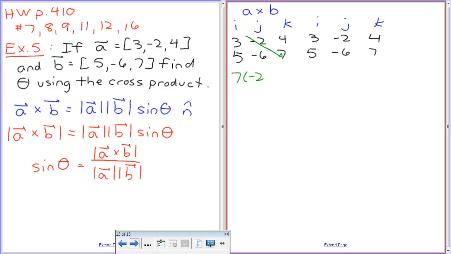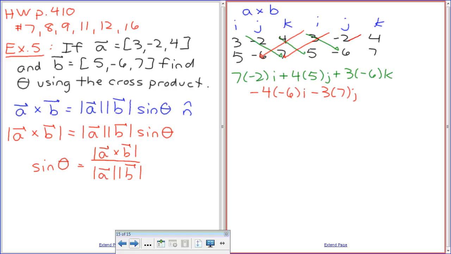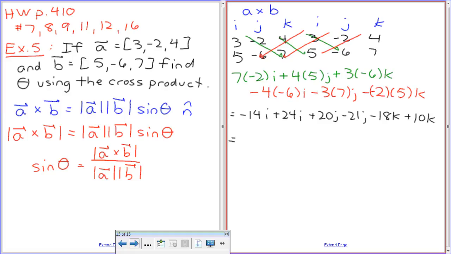I'm going to say 7 times negative 2i plus 4 times 5j, plus 3 times negative 6k, minus 4 times negative 6i, minus 3 times 7j, minus negative 2 times 5k, which equals negative 14i plus 24i plus 20j minus 21j minus 18k plus 10k, which equals 10, negative 1, and negative 8. I'm going to wait here, sorry, that was a lot.